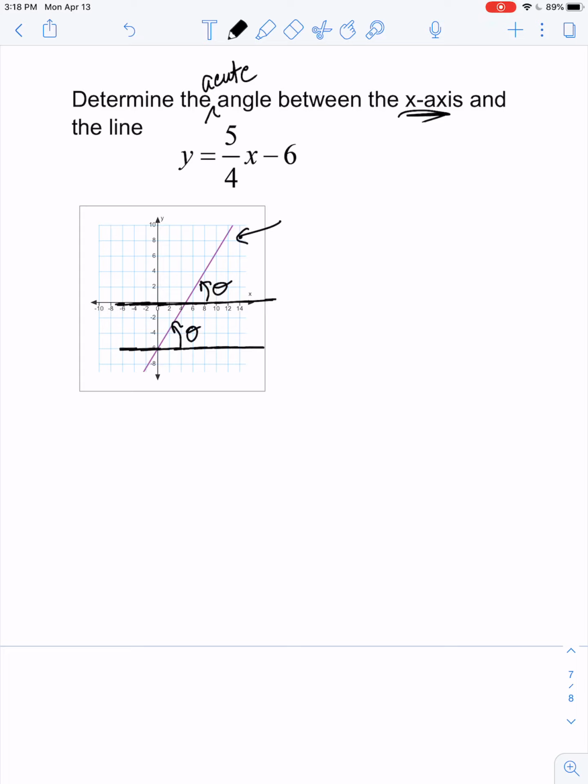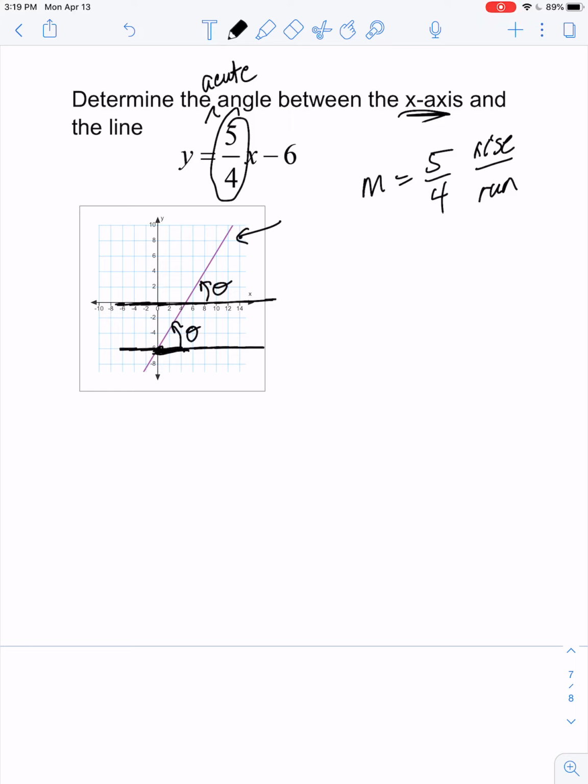We know that the slope equals 5/4, which means in this triangle, it's rise over run. The run from this point over is 4 units, or any multiple of 4 units.